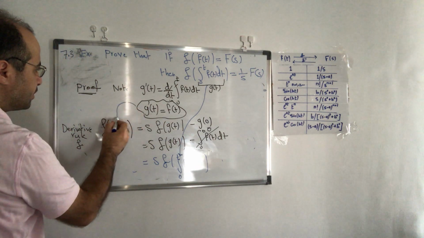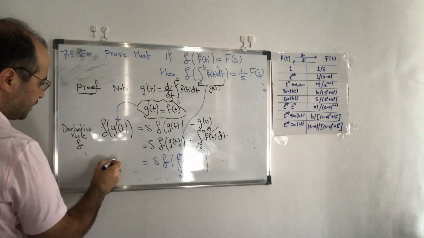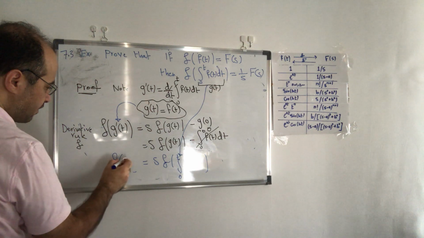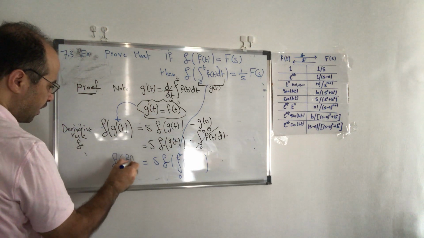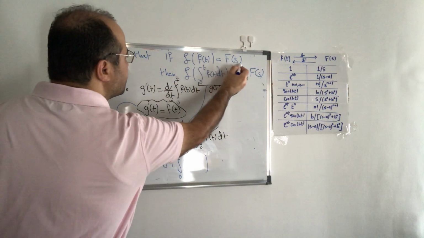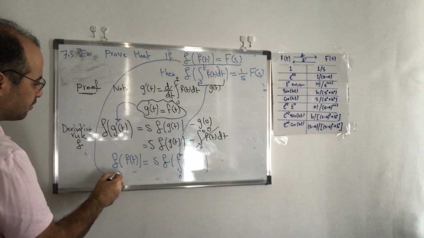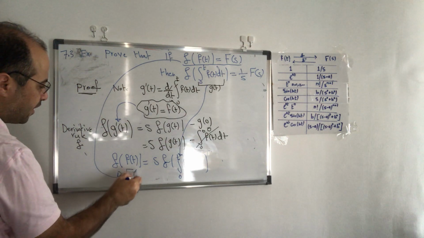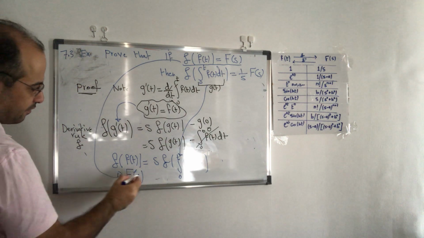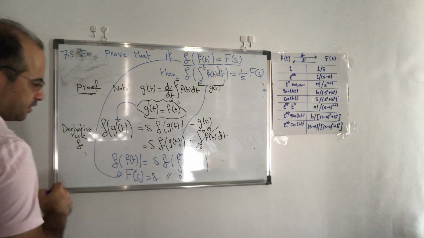But g prime is f of t, so I can put f of t here, and I get the Laplace transform of f of t, which is F of s. So F of s is equal to s times the Laplace transform of that integral.